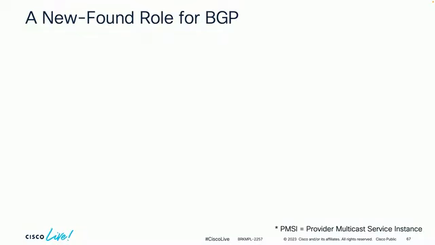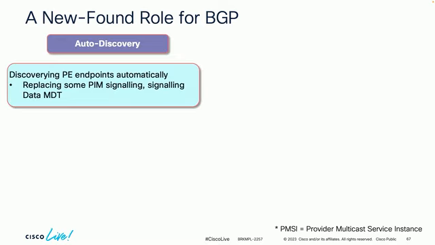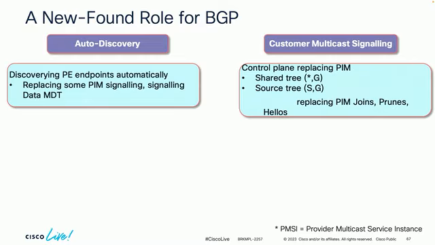When we are doing MVPN, BGP has found a new role. And the role of BGP is doing two kinds of signaling. One is your auto discovery, and second is customer multicast signaling. So as we were talking about, when we talk about MVPN, it had two parts. The first was how exactly each of these nodes are going to identify each other, or discover each other.